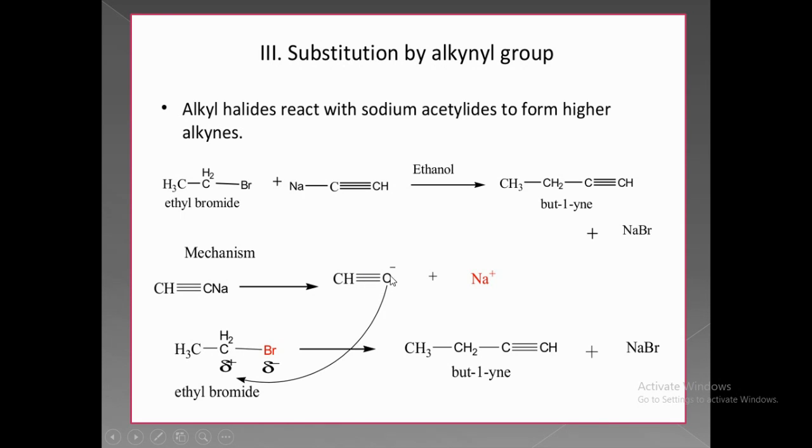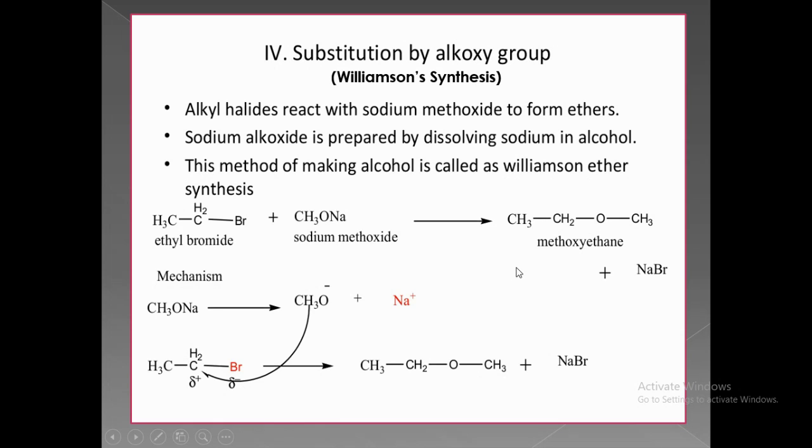In this way, this negatively charged carbon of the alkynyl group will attach over the positive center of this ethyl bromide, and the Br will be removed to give but-1-yne, with the formation of one molecule of NaBr. It is also a similar type of reaction.